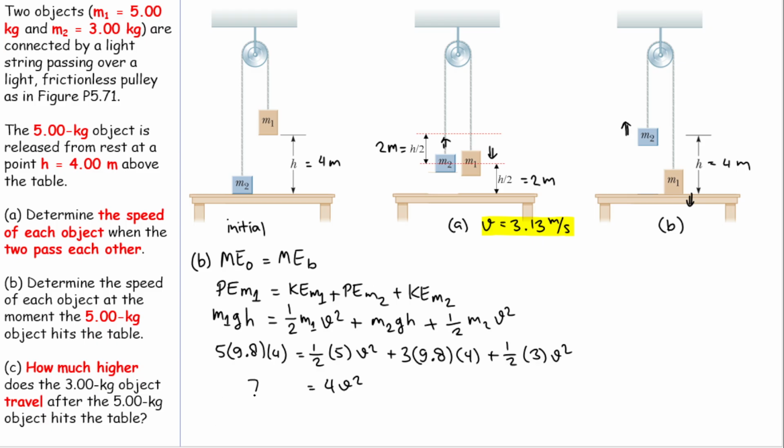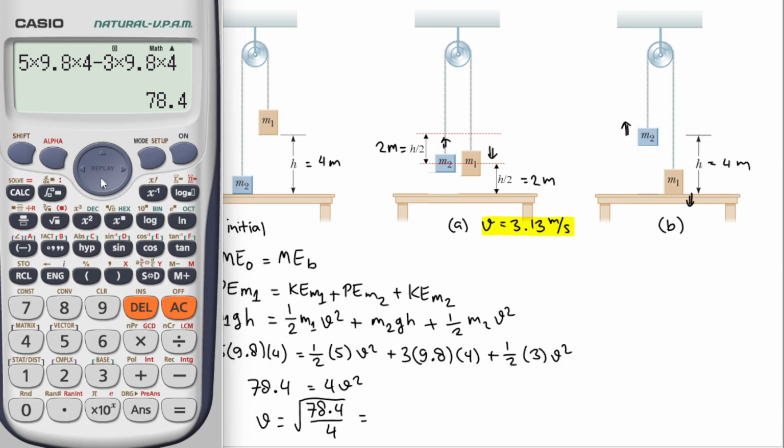So I have 78.4. And then we can just rearrange this, right? I will have the square root of 78.4 divided by 4. Okay, and that will be the square root of 78.4 divided by 4.